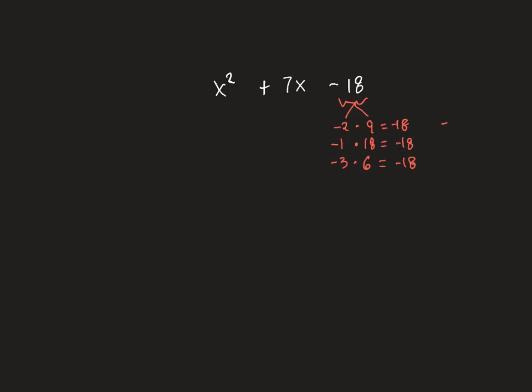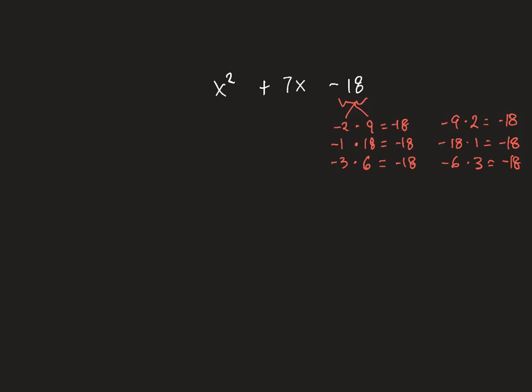Negative 9 multiplied by 2 will give me negative 18, negative 18 times 1 gives me negative 18, and negative 6 multiplied by 3 will also give me negative 18. This is a step you can skip in the future if you already know your factors. But until then, this is a nice thing to write down so you can have it in front of you. Now, I've written down all my factors.